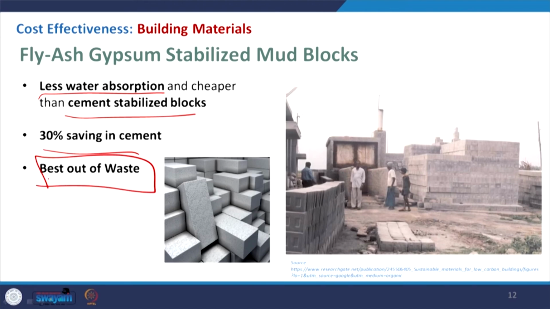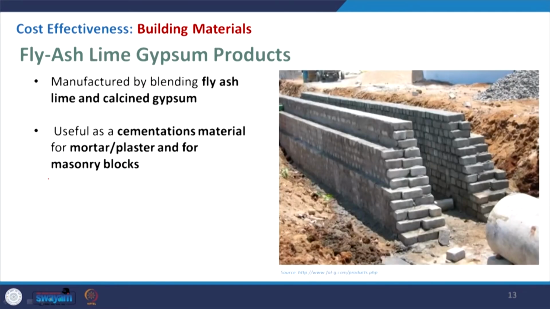So, whenever the fly ash is basically waste and that can be used, it has a good strength that can be used even if it is not as a load bearing. Now, in the case of the frame structure, most of the structures are concrete frame structures. So, this can be used as a partition wall or the external wall or sometimes even for the foundation or for the low cost construction.